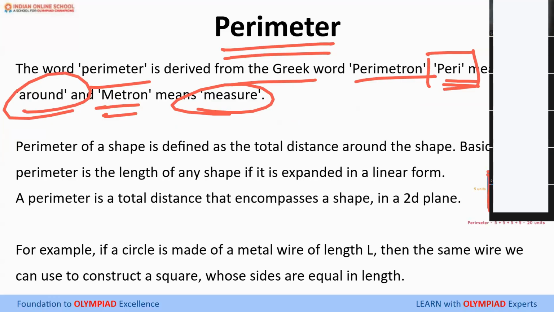When we measure around, we calculate the total of the length of the boundaries. And when we calculate the total of the length of the boundaries, the mathematical operation associated with it is addition. Here the units are normal, like centimeter, meter, single units.